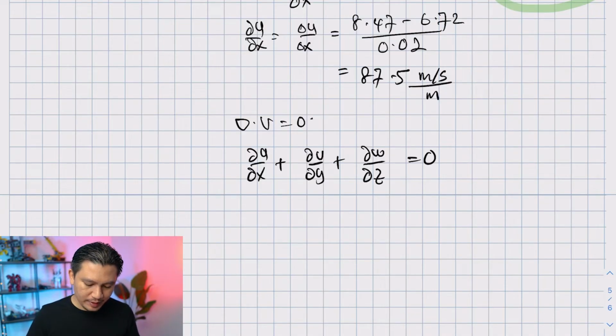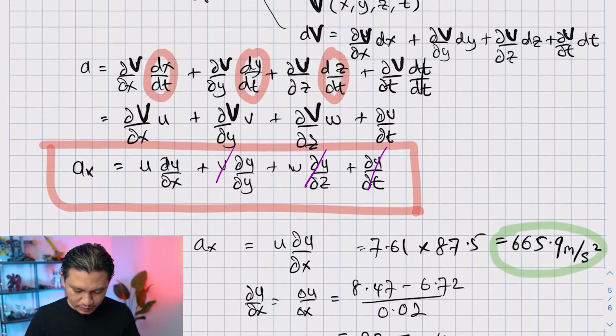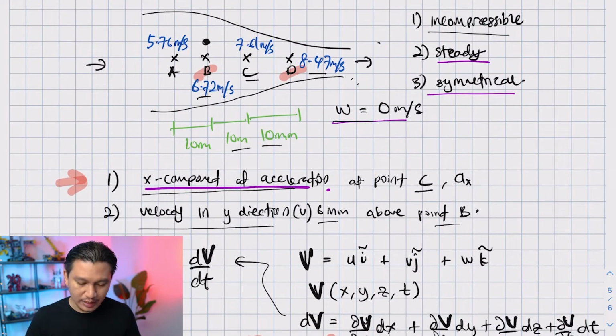We know immediately that ∂w/∂z is 0 because w is 0, as given in this assumption.